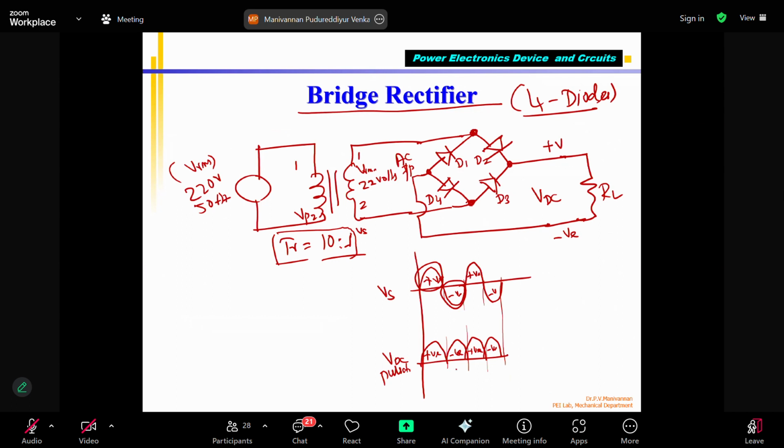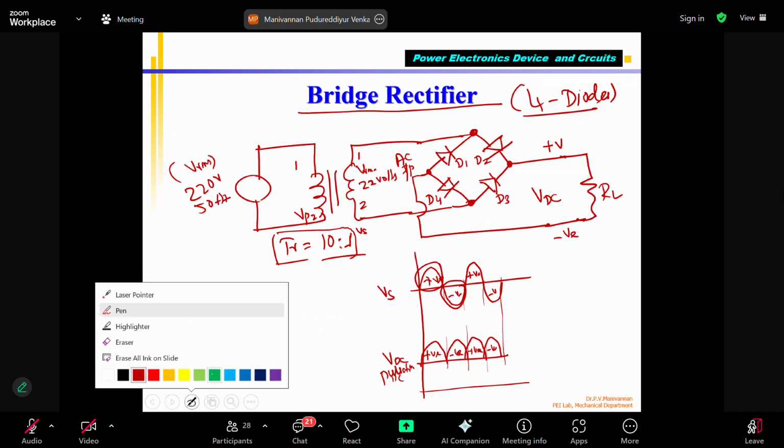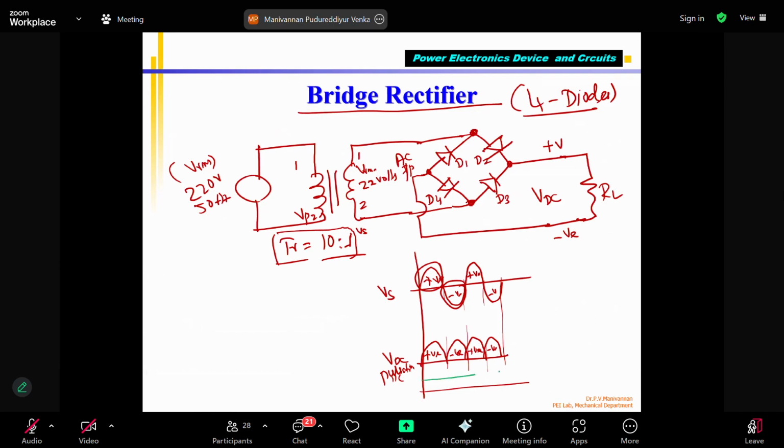Now, this is pulsating DC, correct? And if I want pure DC, VDC or V average, correct, this is the filtered output. Sometimes some books call it the filtered output.